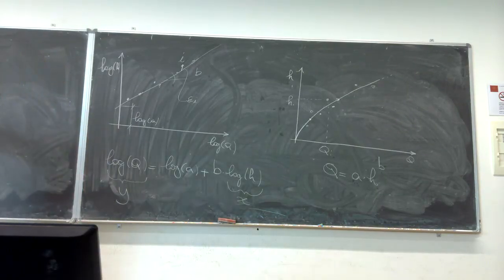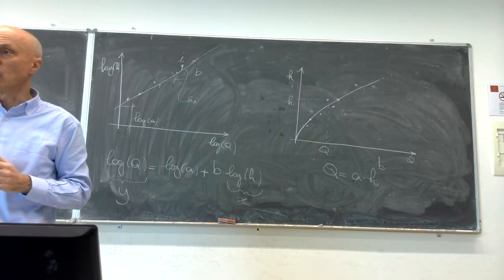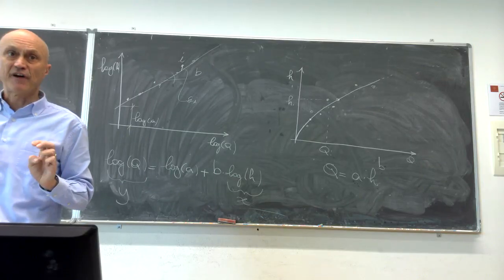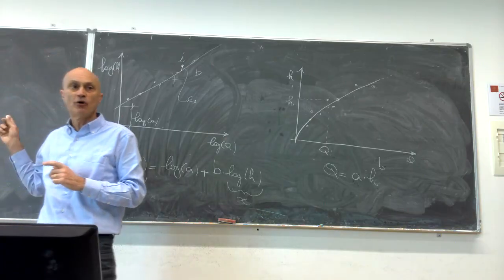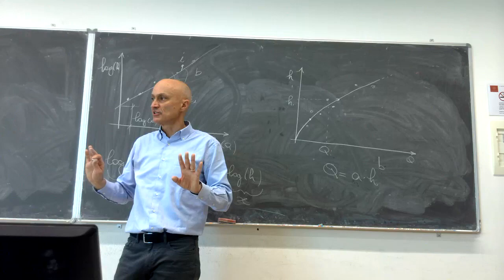Okay? So far so good? Any clarification needed on this, or is it sufficiently clear? Very good. So we have a very simple method, an unbiased method, to determine A and B based on observation.